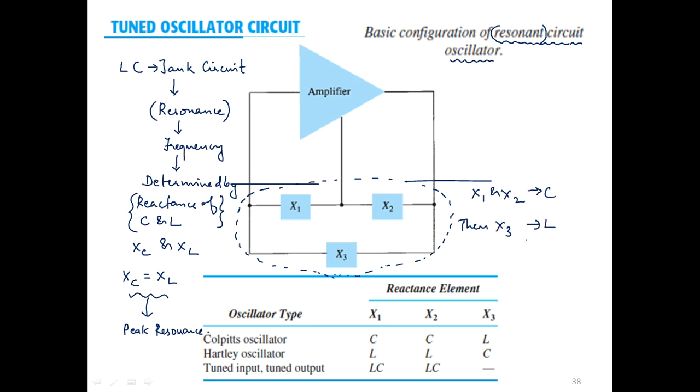If it is the other way around, suppose X1 and X2 are inductors, then X3 will be a capacitor. Okay, now you have to understand that the sole purpose of using the inductor and the capacitor is again to obtain a phase shift of 180 degrees.